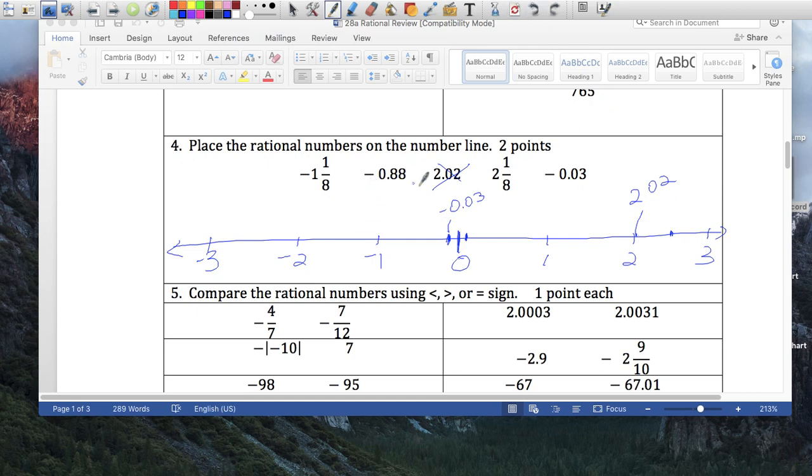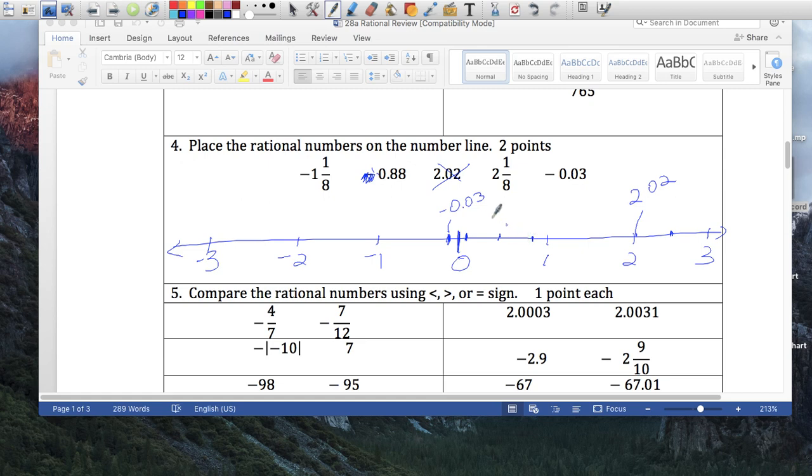Negative 0.88. So 0.88. Again, let me take this out. That's 88 cents. 88 cents would be between 0 and 1, but closer to 1. So here's 0 cents. Here's 50 cents, 60, 70. So 88 positive would be right about here. But I don't want 88 positive, I want 88 negative.